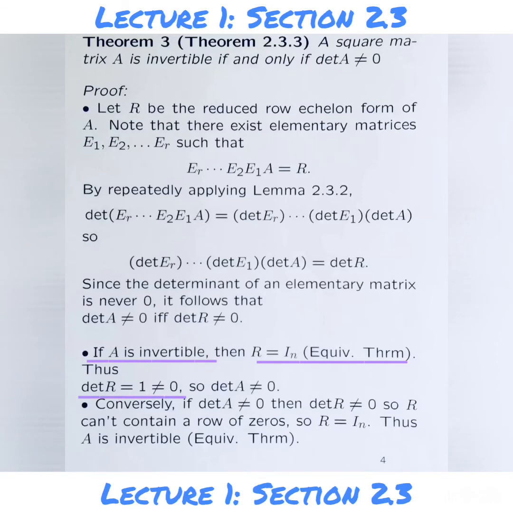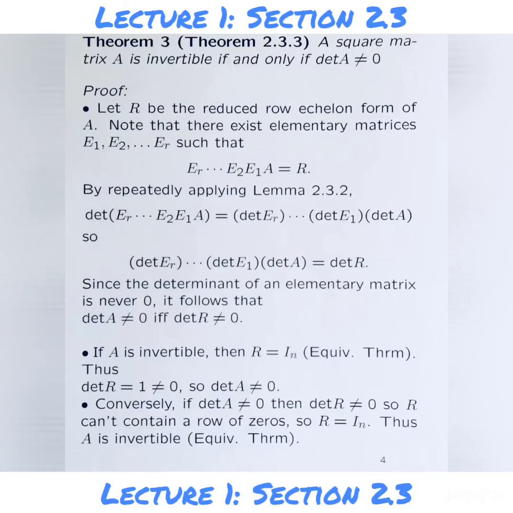And that's going to lead to a non-zero determinant for R on the right-hand side. So on the right-hand side, you've got a non-zero quantity, and on the left-hand side, you must also have a non-zero quantity, which will force the determinant of A to be not 0. So that's proving from left to right.